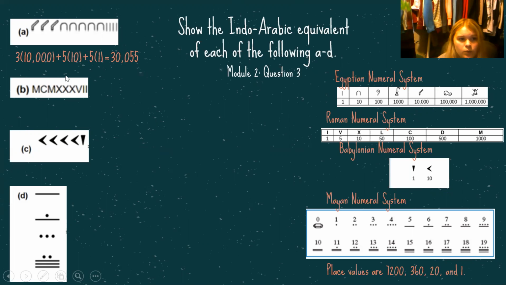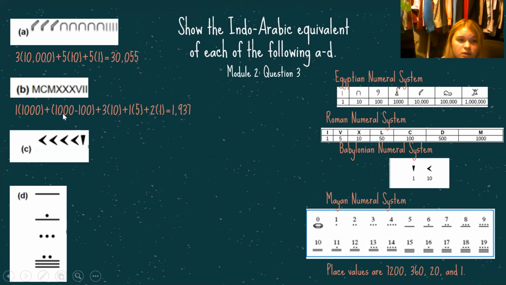For B, we are matching this to the Roman numeral system. The M here is represented as 1,000, so we will have 1 times 1,000. C is represented as 100, so we should have 100.